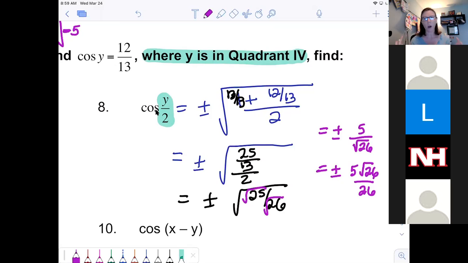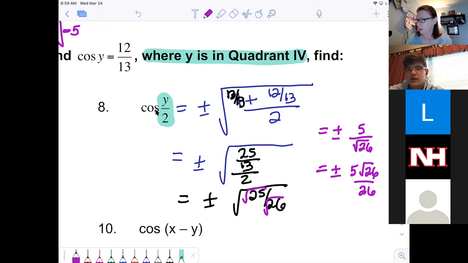Can you give me an inequality that represents the angles of the 4th quadrant? It would be where y is greater than 3 pi over 2 and less than 2 pi. Yeah, thank you. So he said greater than 3 pi over 2, but less than 2 pi. And he said why? Because that's the given angle.